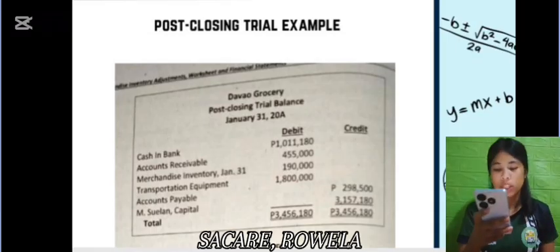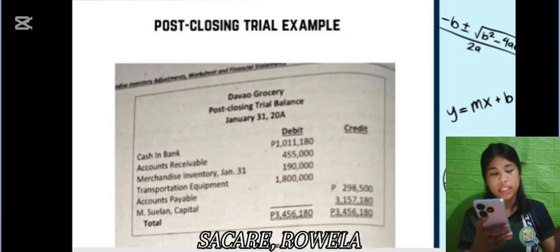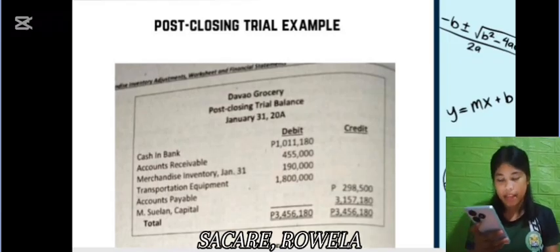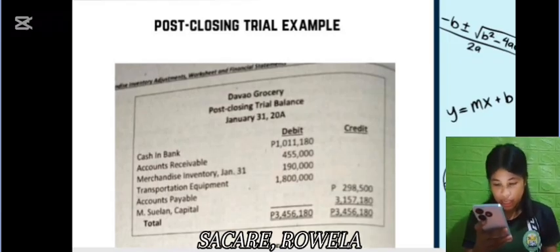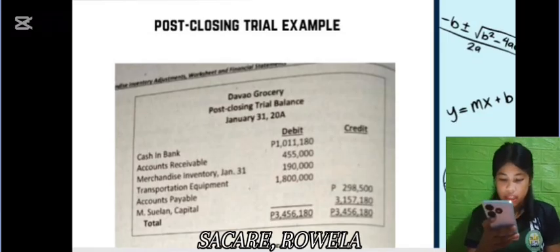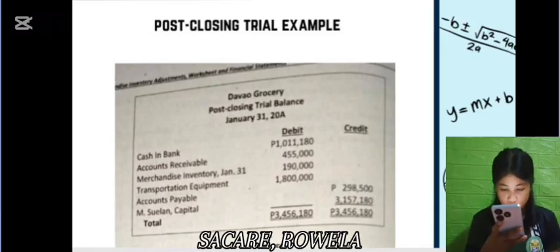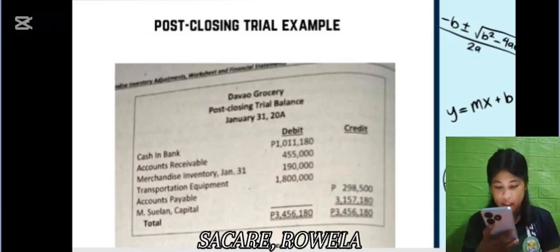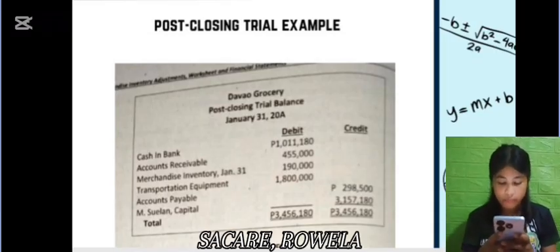So dili na puhon gi-plus ra gihapon ang debit and then sa credit, then gi-plus dayon, paghuman gi-minus, which is ang total niya is 298,500.